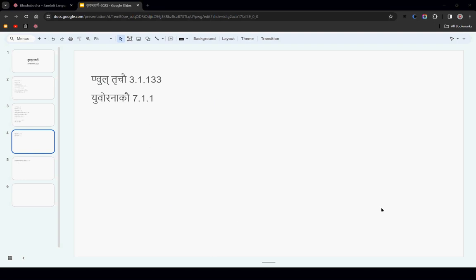The other examples we have here: nindaka, one who curses, nindati iti nindakah. Then likhati, one who writes is lekhaka.